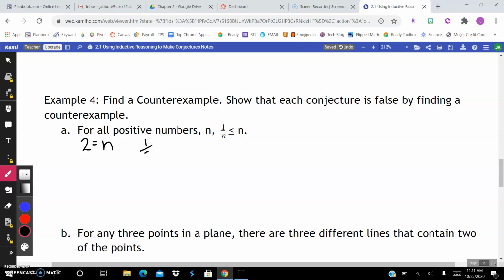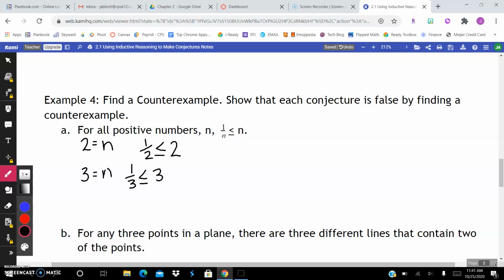We are going to have 1 over 2. Is 1/2 less than or equal to 2? It sure is. So that's true. That doesn't help us. Let's try 3. 1 over 3 is less than or equal to 3. 1/3 is definitely less than or equal to 3.